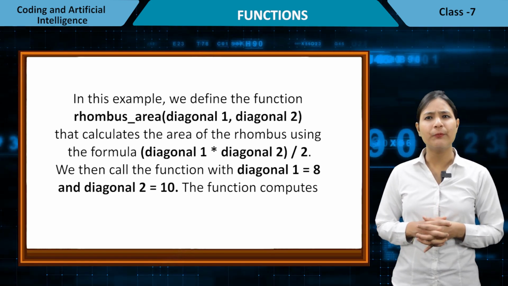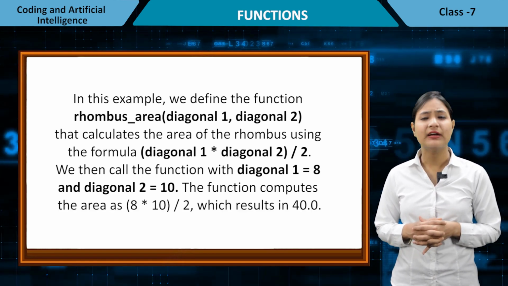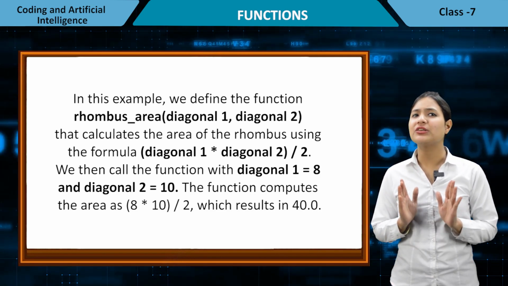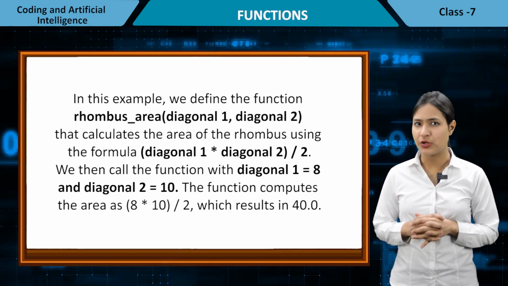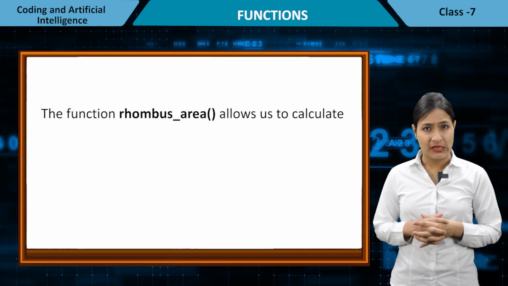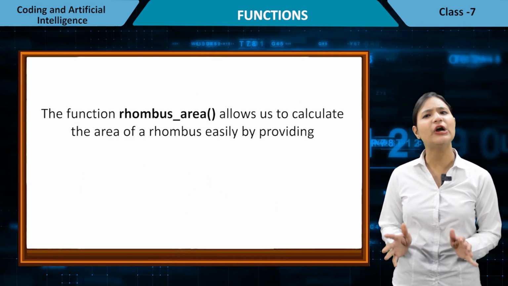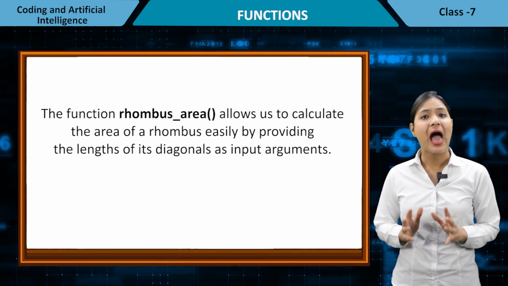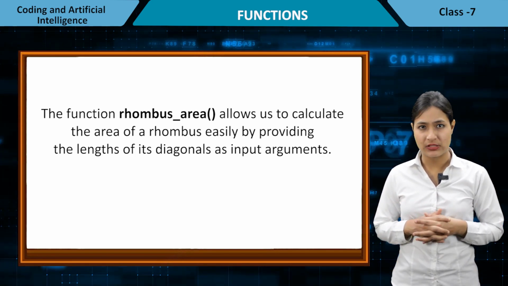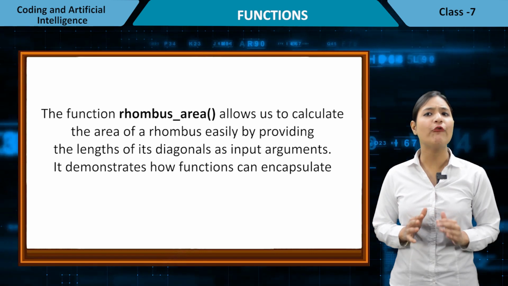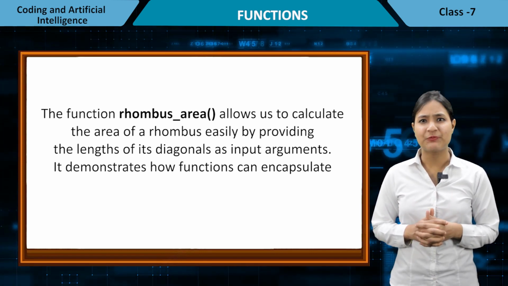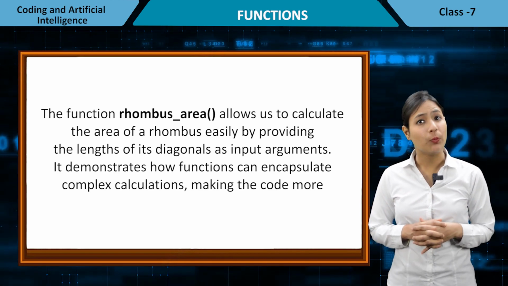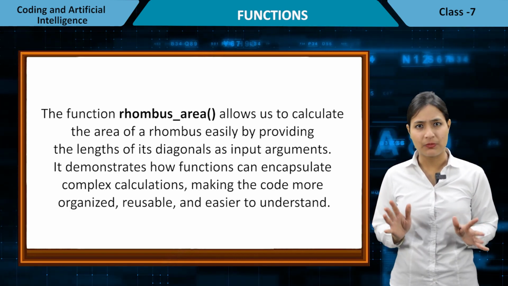The function computes the area as 8 * 10 / 2, which results in 40.0. The function rhombus_area allows us to calculate the area of a rhombus easily by providing the lengths of its diagonals as input arguments. It demonstrates how functions can encapsulate complex calculations, making the code more organized, reusable, and easier to understand.